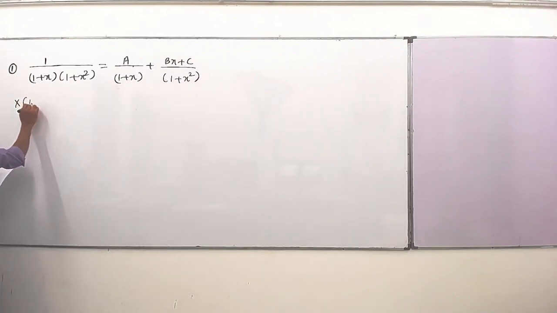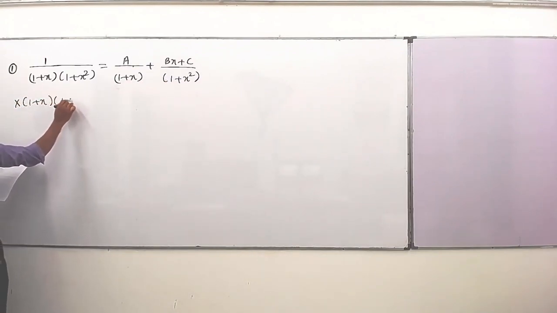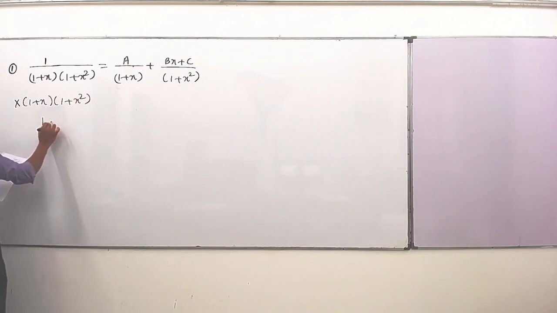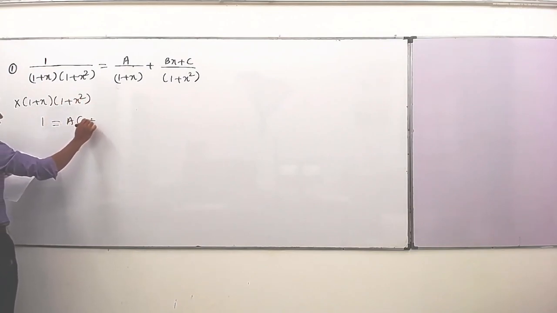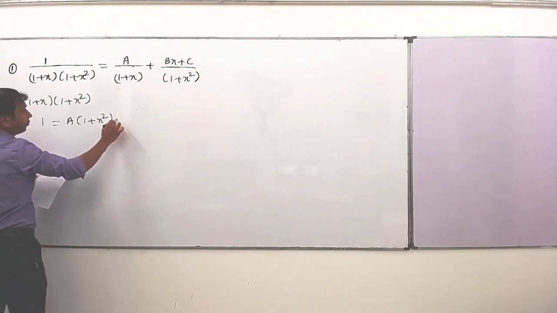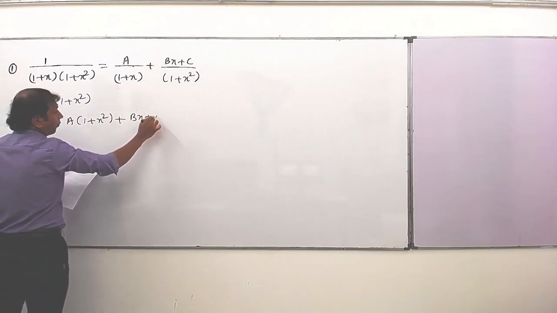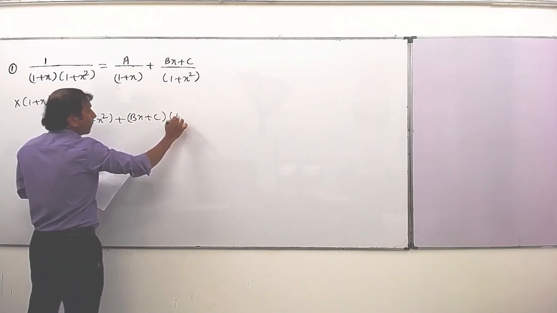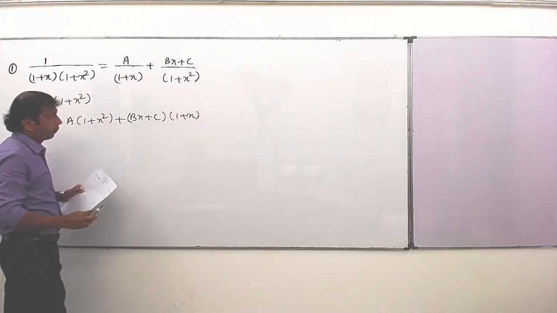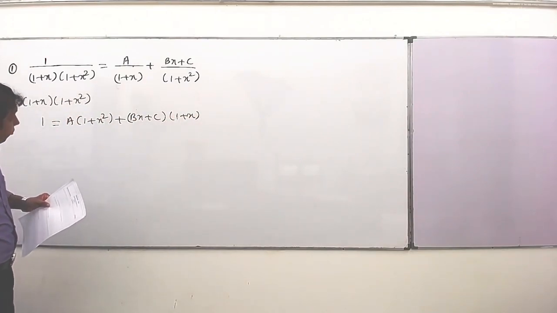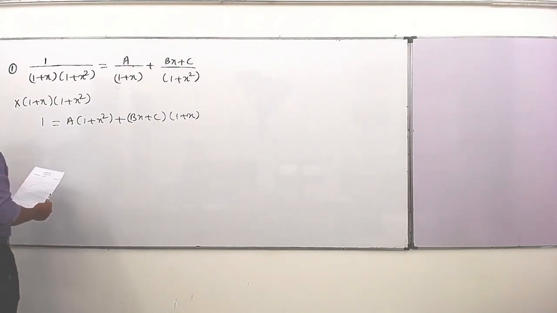You multiply this by this, right? Bx plus C, 1 plus x, right? Now we can equate the coefficients.